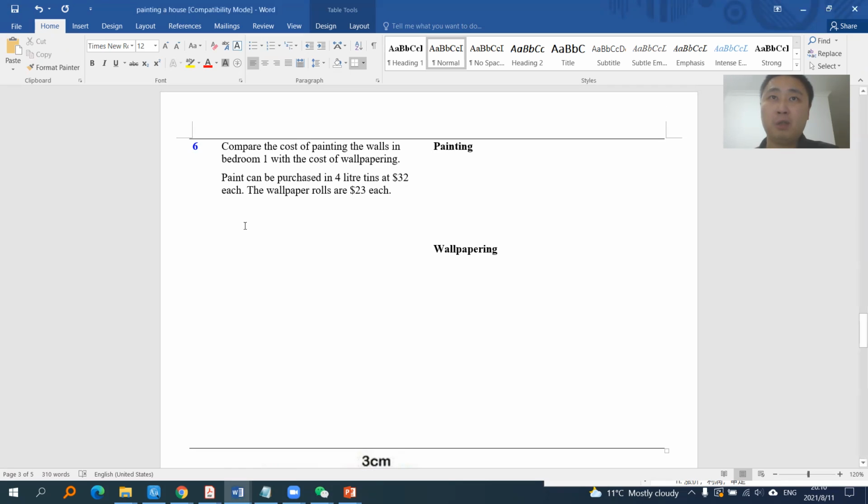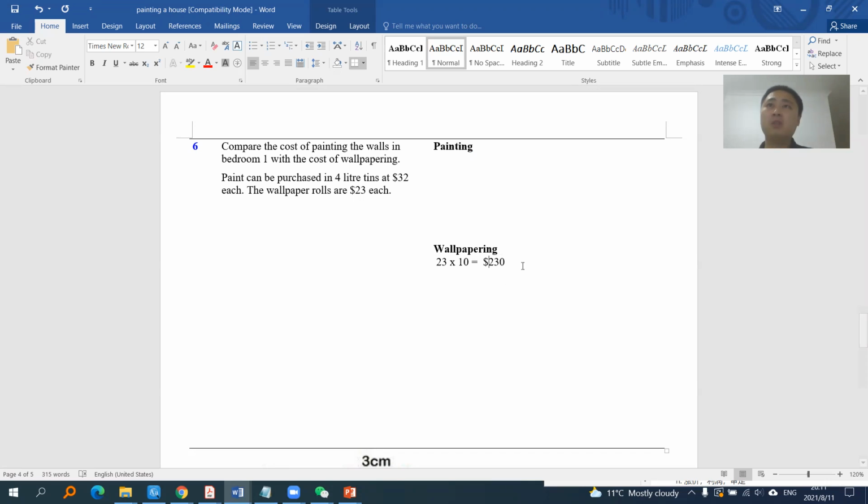So first we can do the calculation for wallpaper. For wallpaper, we got 10 rows, right? So you can use 23 times by 10. This gives you the total cost of $230.